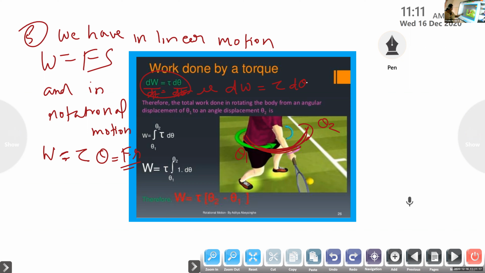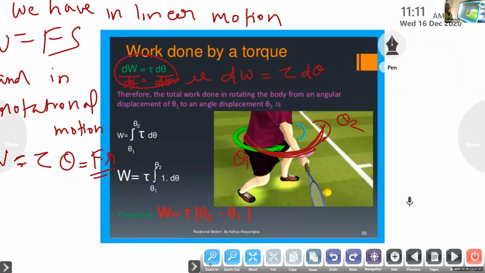Then you write the next line, the one in purple. Therefore, the total work done in rotating the body from an angular displacement of theta 1 to an angular displacement of theta 2 is W equal to the integral from theta 1 to theta 2 of tau d theta.